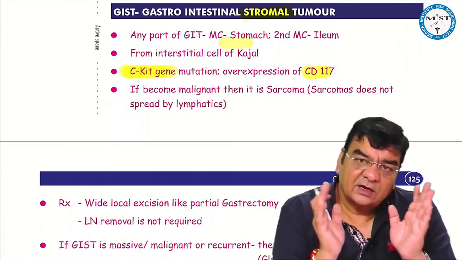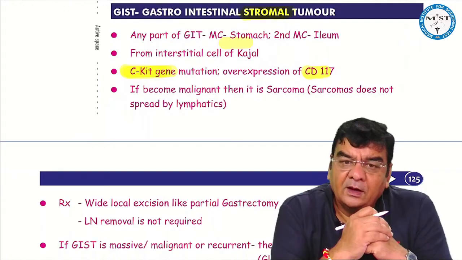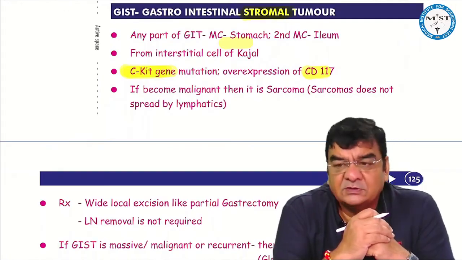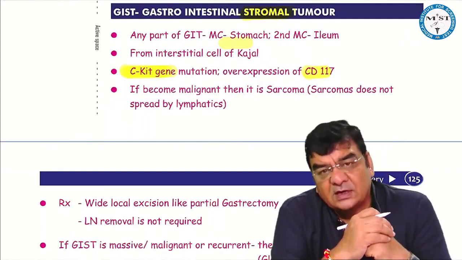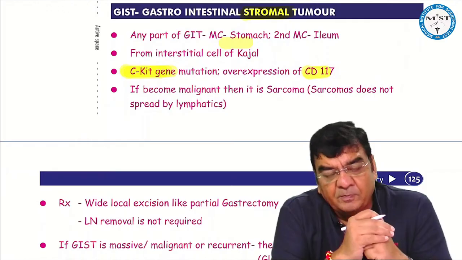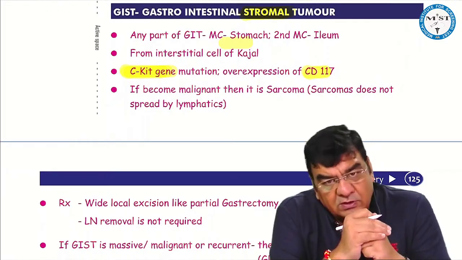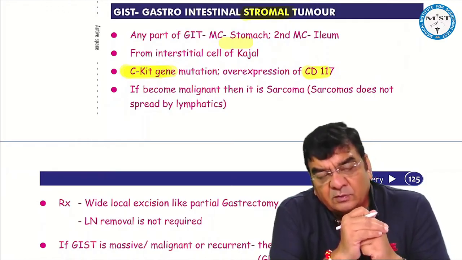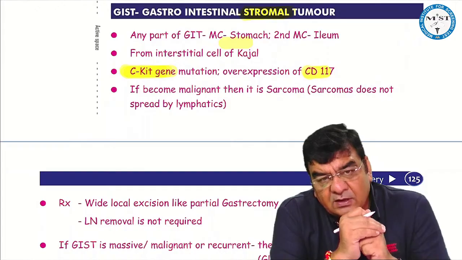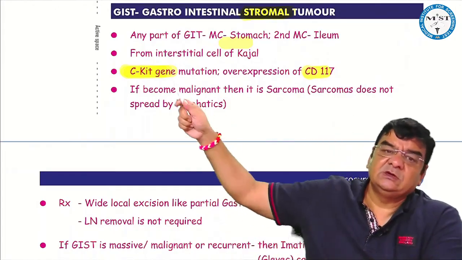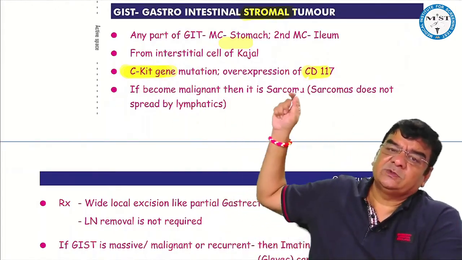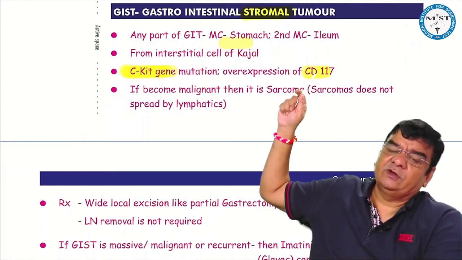This GIST can occur anywhere in the GIT. It originates 50% of the times from the stomach, and the second most common site is the ileum. It originates from the interstitial cell of Cajal. It is associated with c-KIT gene mutation and there is overexpression of CD117.